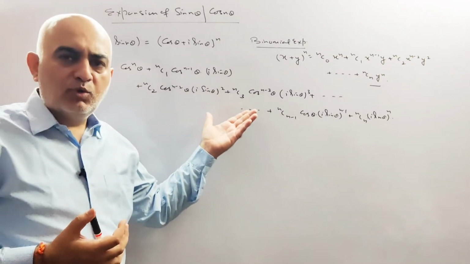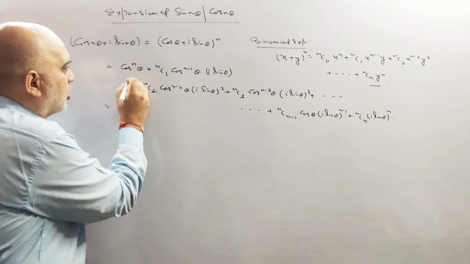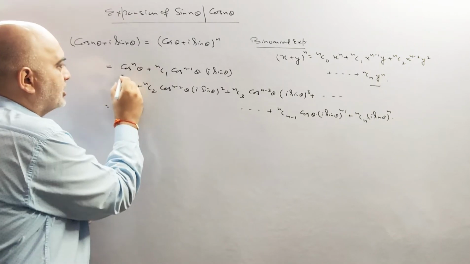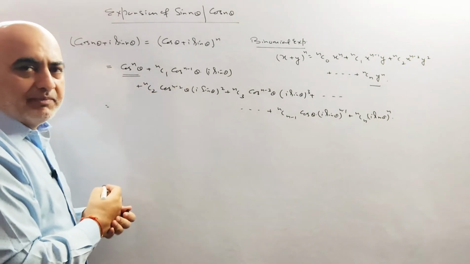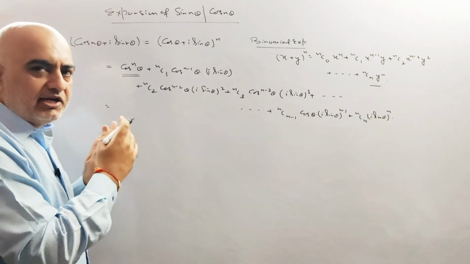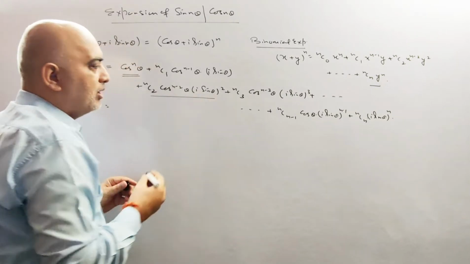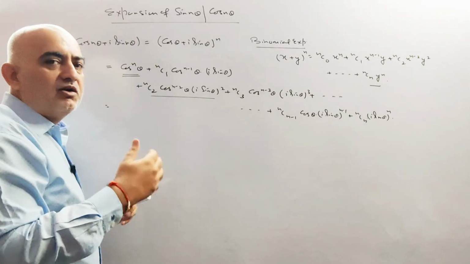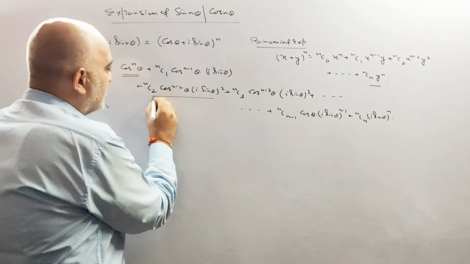After using the binomial expansion, what will you do? Here, cos^n theta contains no imaginary number like iota. It is a real part, right? Similarly, iota square will be minus 1 and iota to the power 4 will be 1, so in this way alternating terms you have to consider.